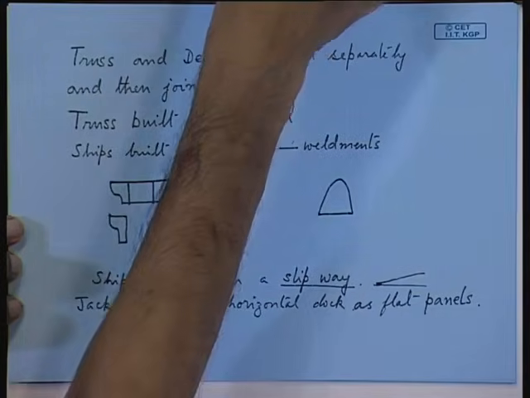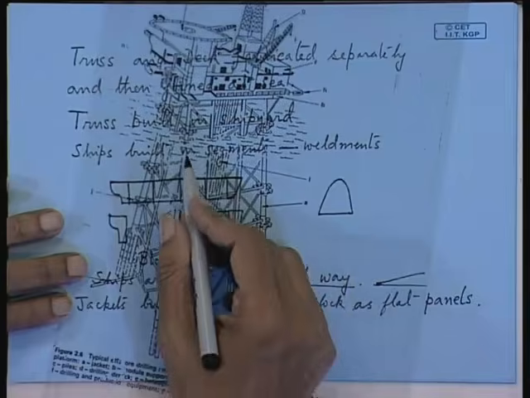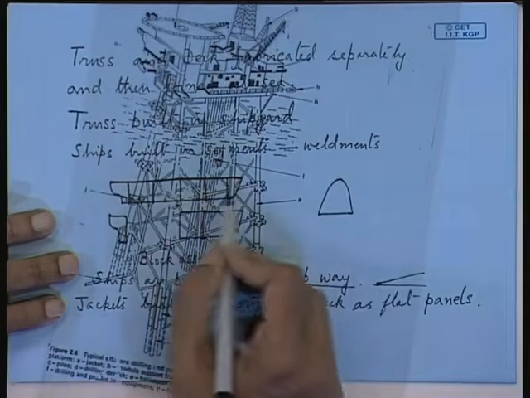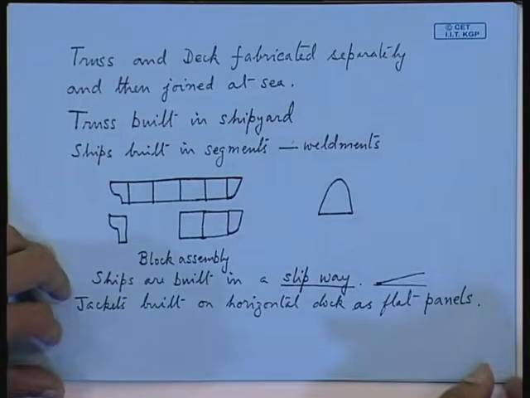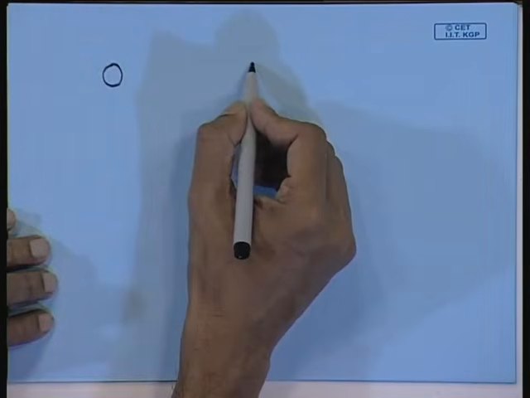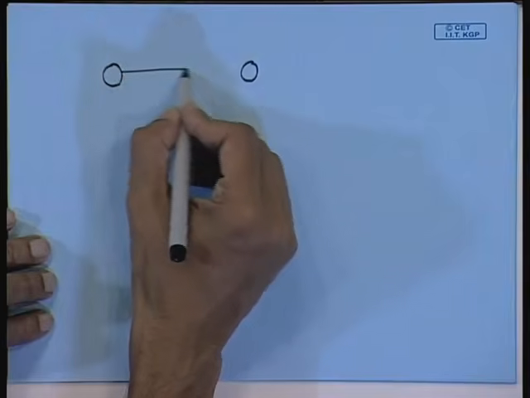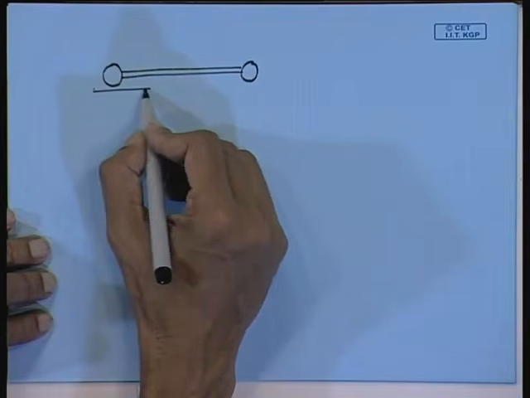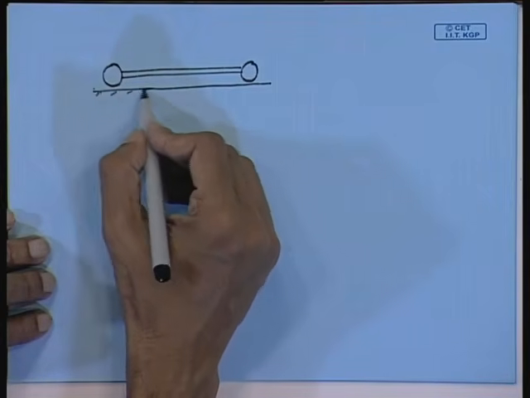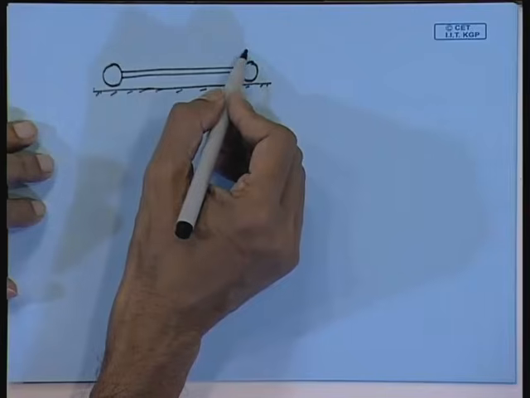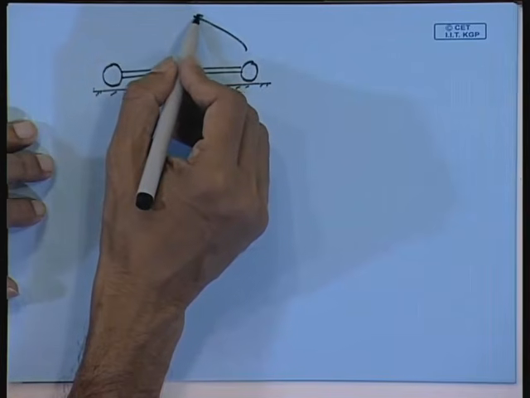So, jackets you can see are composed of a large number of pipes which are welded together. These are the major columns and here you have the bracing members. So, you build them laying flat on the dock, because it is easier to fabricate this way, and then you rotate it by means of cranes.